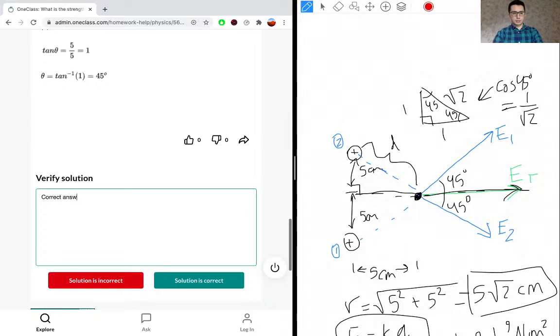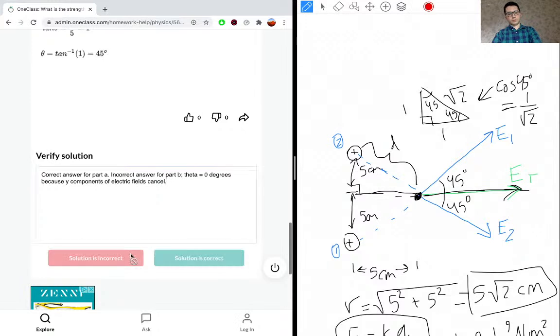Correct answer for part A. Incorrect answer for part B. Theta is 0 degrees because the y components of the electric fields cancel. So part B of the solution is incorrect.